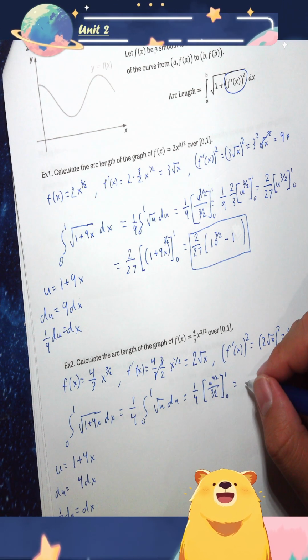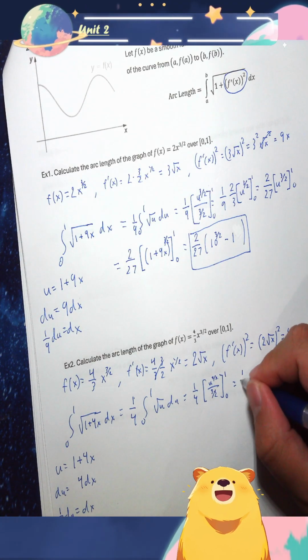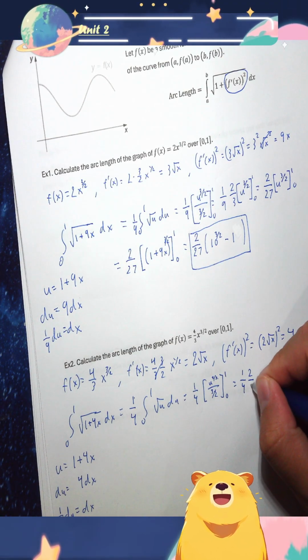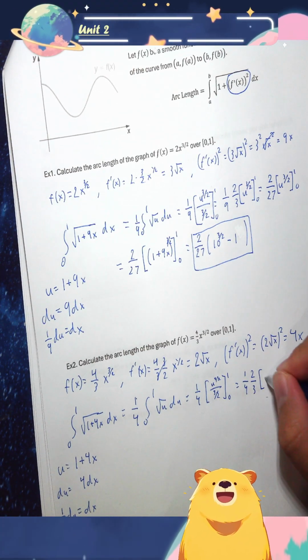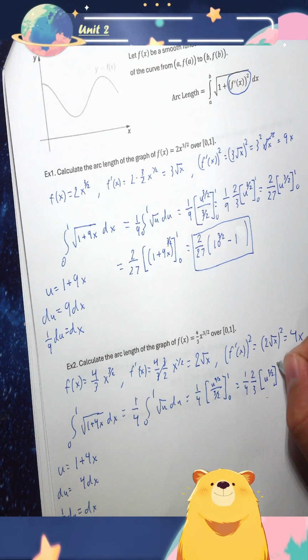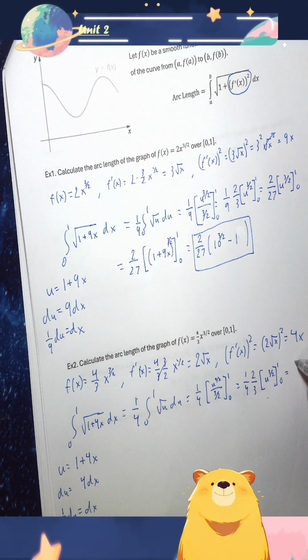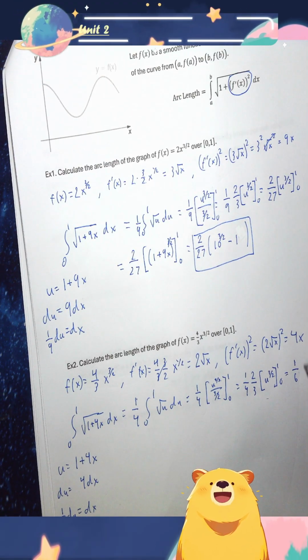Similar hijinks ensue from this point. You get 1 over 4, 2 over 3. This comes out to simplify as 1 over 6.